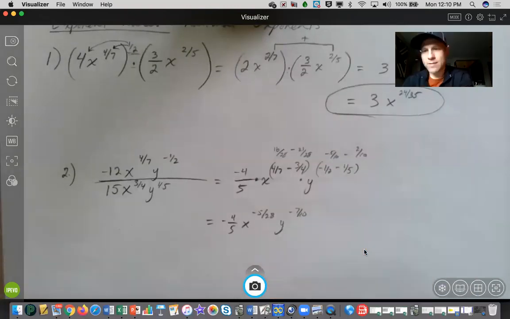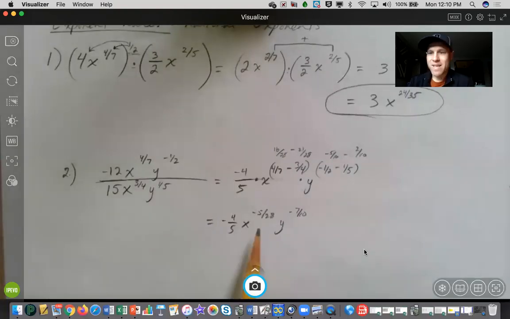And now the only thing that's left to do, and in math class, we don't like negative exponents. It's one of those things where we just can't quantify it properly. Like when somebody says, write out 3 squared, well, we know what that means. It means 3 times 3. But when we say write out 3 to the -3, we have to use the reciprocal rules for negative exponents.